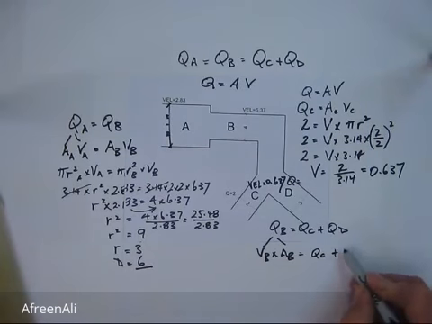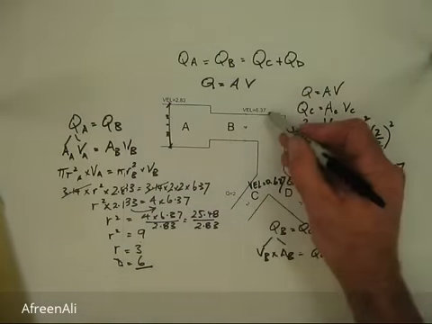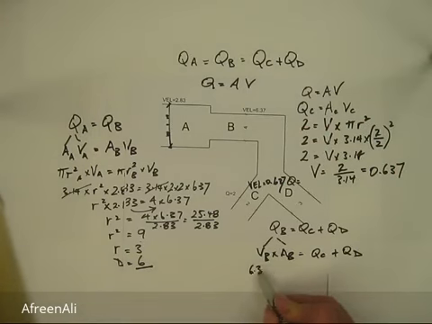that's equal to the flow rate at C plus D, and we know that the velocity at B is 6.37 multiplied by the area at B, which is pi r squared, so we'll just substitute that there.